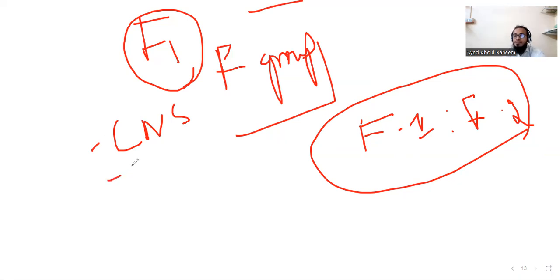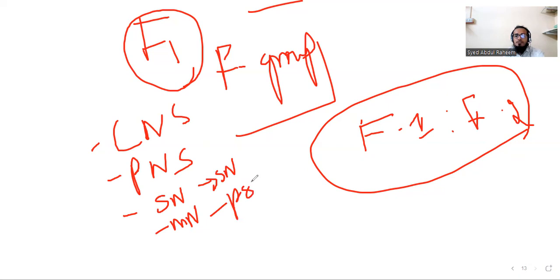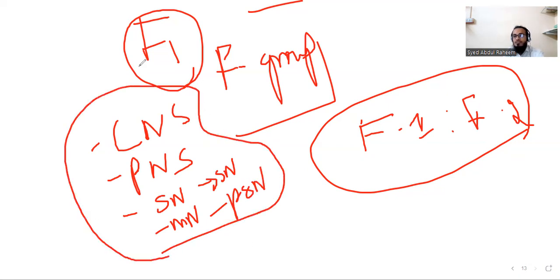So F1 will work on sensory nerves, motor nerves, sympathetic nerves, parasympathetic nerves. Not only F1, the total F group. So this is the main function of the F group: to work on the central and peripheral nervous system.